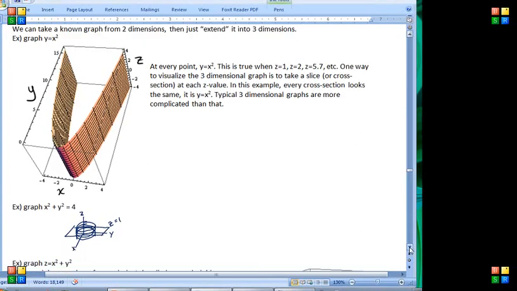Okay. So let's look at a surface that's slightly more complicated than this. Let's talk about the graph z equals x squared plus y squared. So what does that look like?